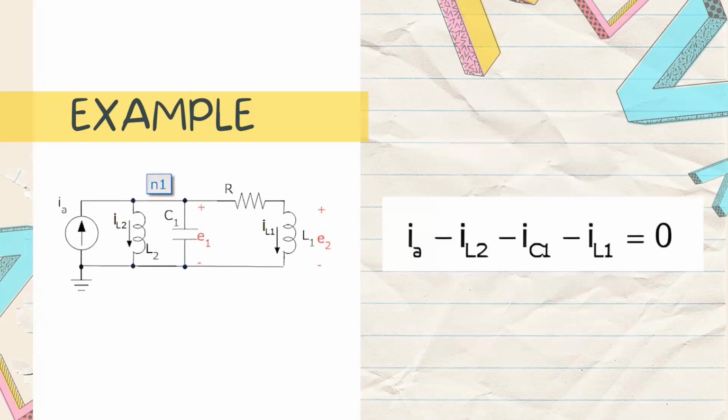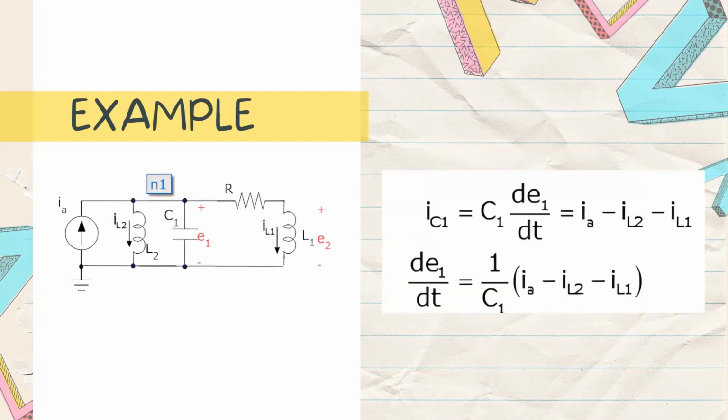From this diagram, we can also see that the sum of currents into the node N1 is IA minus IL2 minus IC1 minus IL1 equals 0. Next. The equation has our input IA, two state variables IL2 and IL1, and the current through the capacitor. From this, we get our second state equation, which is IC1 equals C1 times dE1 over dt equals IA minus IL2 minus IL1.